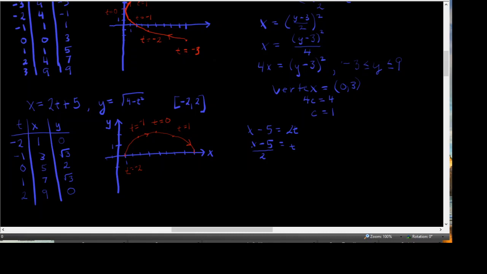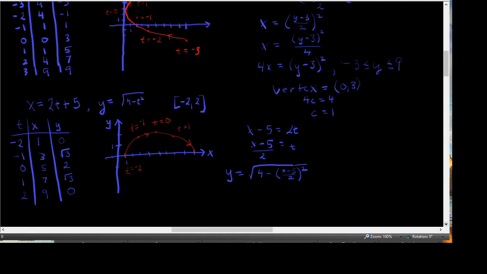And then I'm going to substitute that into the other equation for t. So I'll get y equals the square root of 4 minus ((x minus 5) over 2), which is replacing the t, quantity squared.